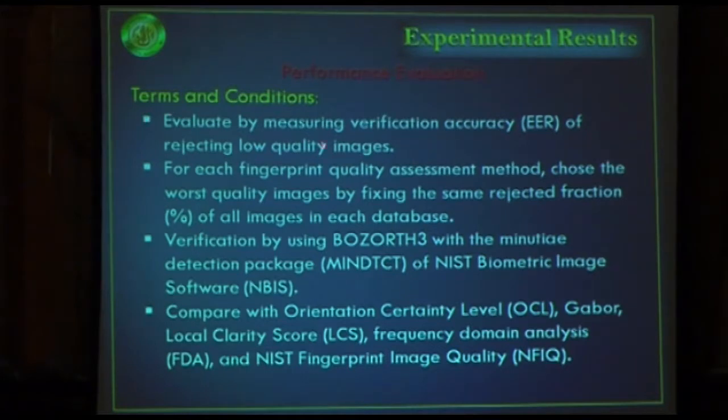We evaluate by measuring verification accuracy, EER, after rejecting low quality images. For each fingerprint quality assessment method, we choose the worst quality images by fixing the same rejection fraction of all images in each database. For example, FVC 2004 has 800 images; if we reject 5%, 40 images will be thrown out.